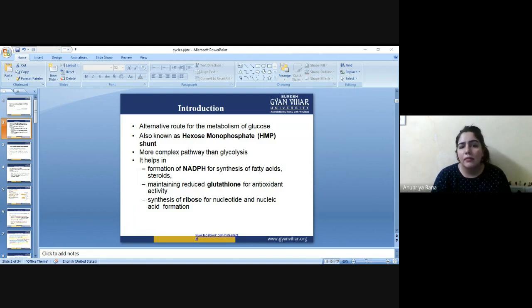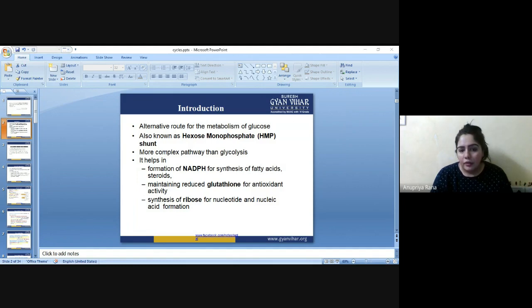You can't even feel that the body is going through lots of cycles and pathways while you just breathe in and breathe out. So this is the first one. And the second is maintaining reduced glutathione for antioxidant activity. This glutathione is also a very important molecule. When this hexose monophosphate cycle happens, alongside other cycles happening in our body, glutathione gets oxidized inside our body.